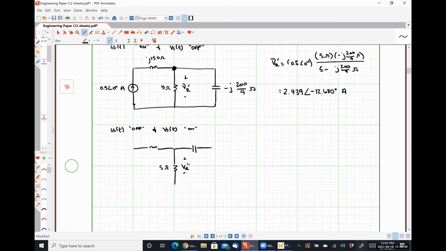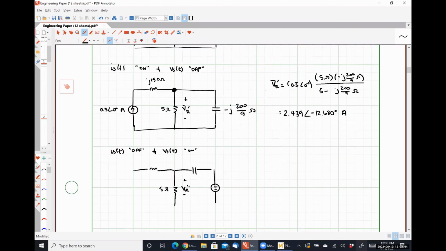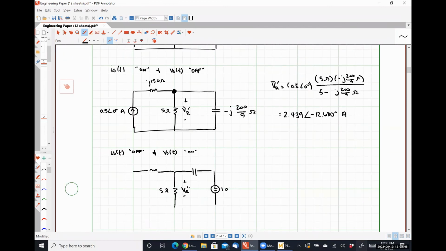Here's our capacitor. This guy is going to look like 10 angle 0. Because my current source is an open circuit, I'm not even going to bother determining the impedance of my inductor because it's not going to do anything.